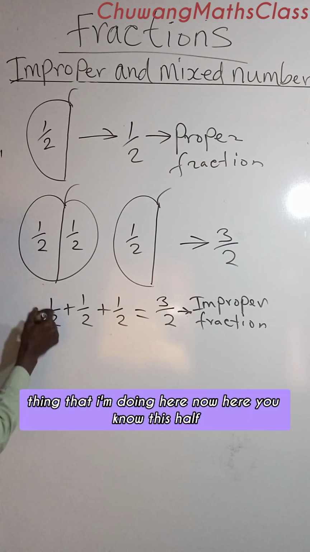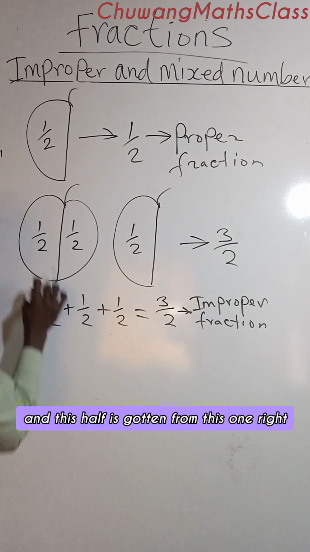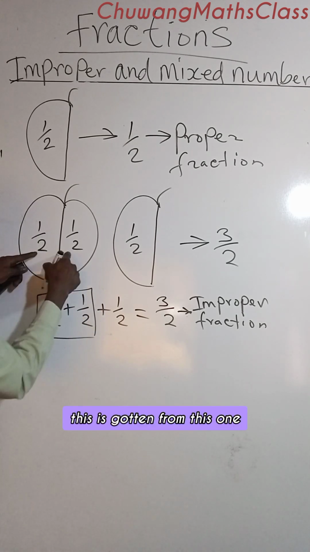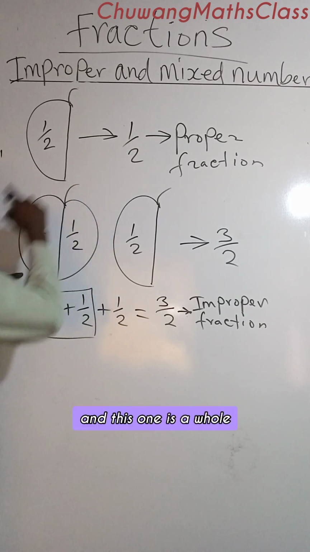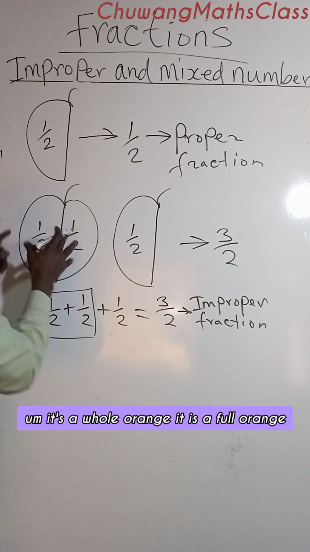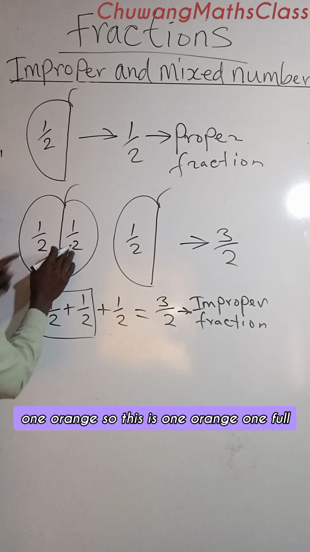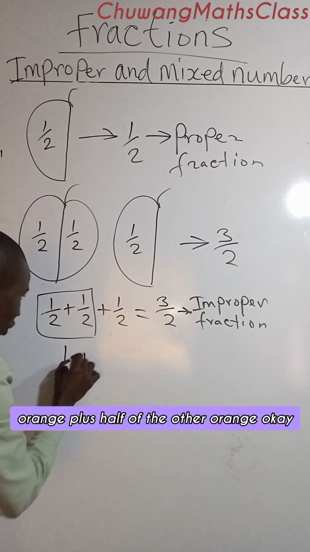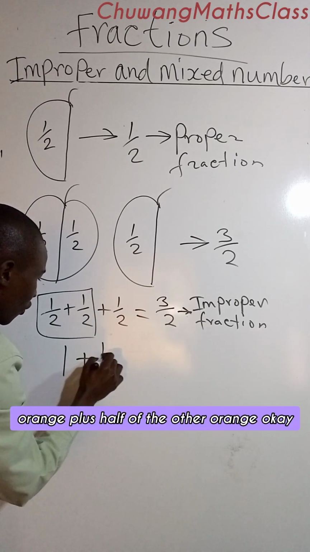But let's see this same thing that I'm doing here. This half and this half is gotten from this one, right? And this one is a whole orange. It is a full orange, one orange. So this is one full orange plus half of the other orange.